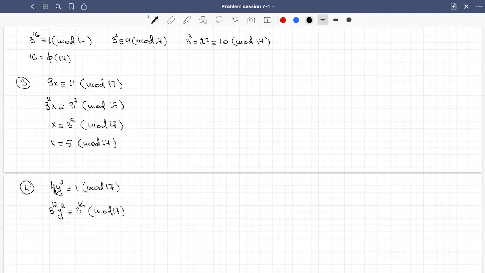Again, instead of dividing by 4 modulo 17, we simply subtract 12 from 16. Y squared should be congruent to 16 minus 12, 3 to the 4.